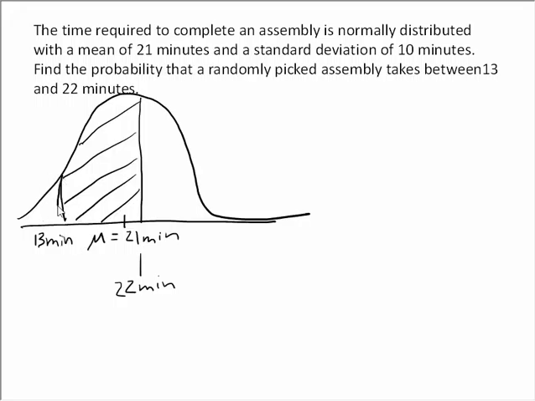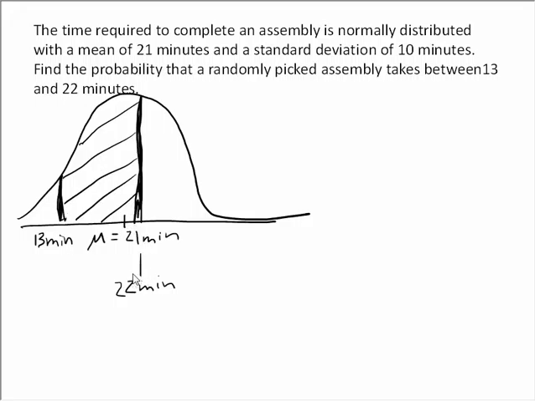Boy, that line is not very straight, is it? Hard to draw with my pen. That's all right. The problem says we want the probability that the assembly takes between 13 and 22 minutes. So that's the area we want to find, the area between 13 and 22.